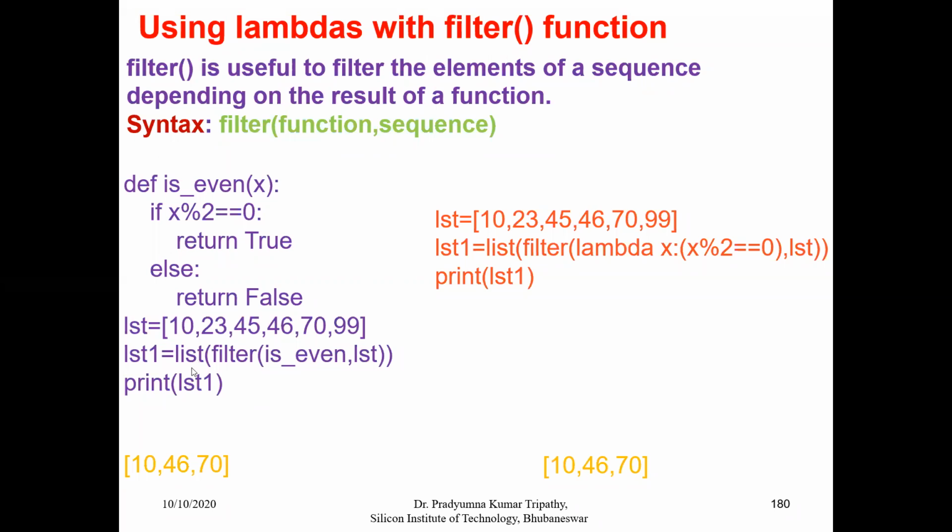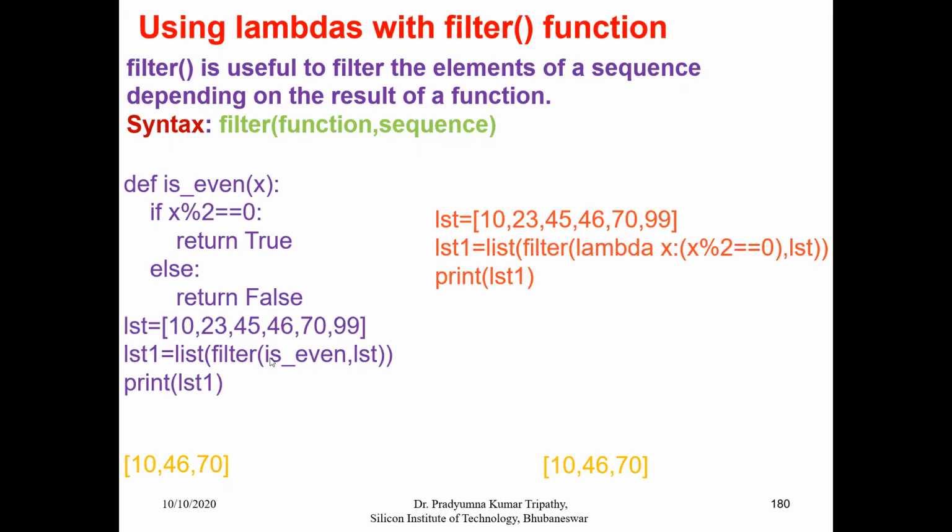So what I'll do over here, in the filter function, I call the filter function. I must pass a function. So this is_even is passed as an argument over here, and this is the function name and this is the argument. So what is my sequence? The sequence is this.